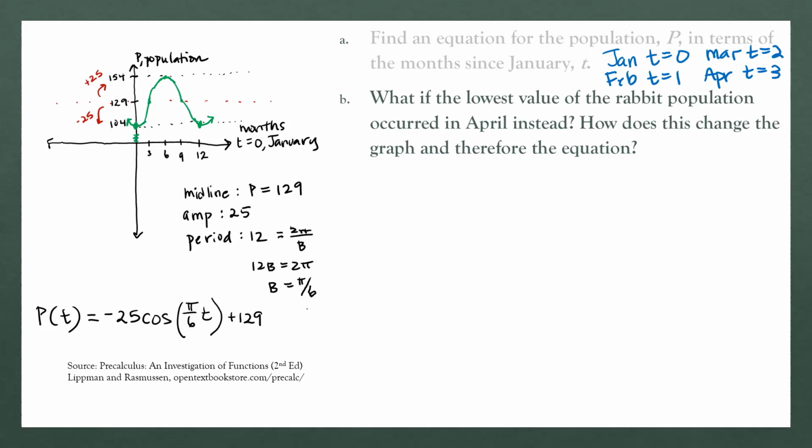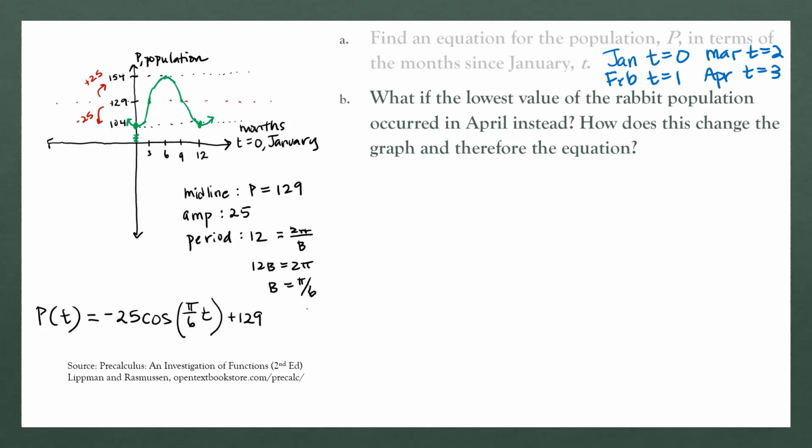So you want to be careful about how things are defined. Yes, April is the 4th month of a calendar year, but in the way that we've defined it, January is not t equals 1 like it is on a calendar. January is t equals 0 in this scenario, so April is t equals 3.